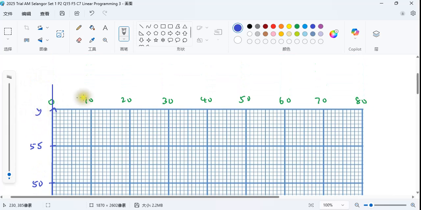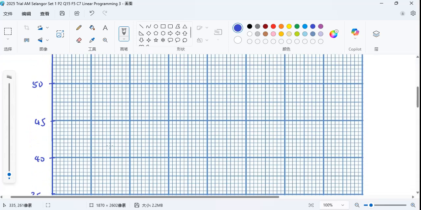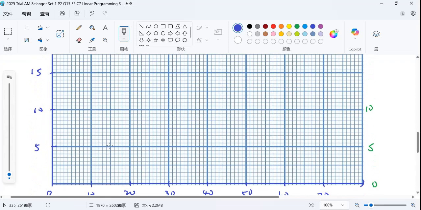Why 60? So when x equals 0, y equals 80. When x equals 10, then 40 plus y equals 80, y equals 40. When y equals 0, 4x equals 80, x equals 20. So the points are 20, 0 and 10, 40.